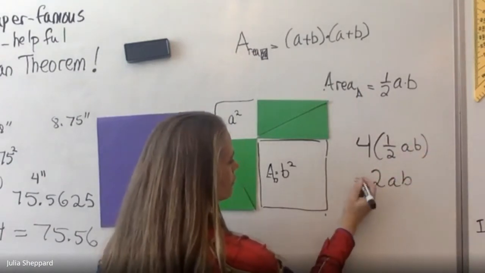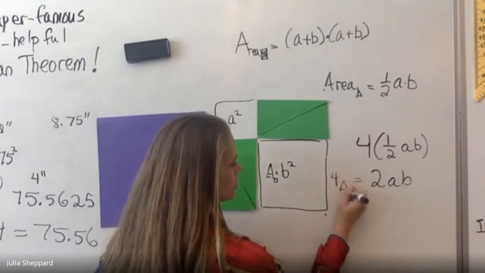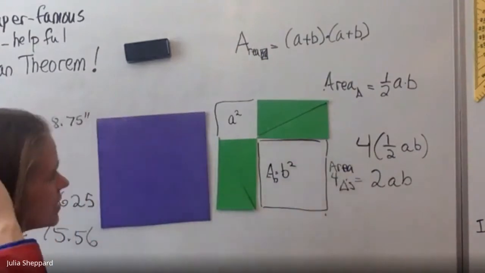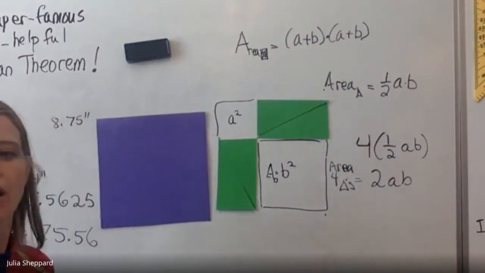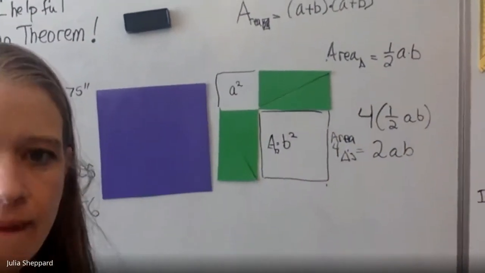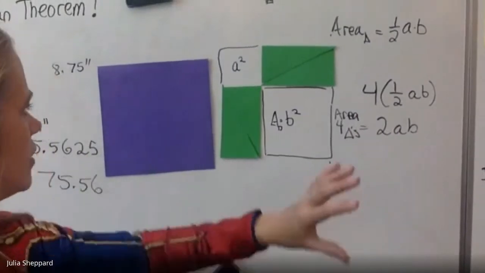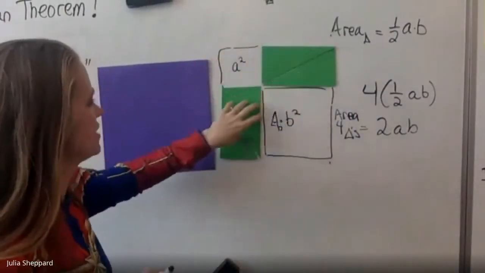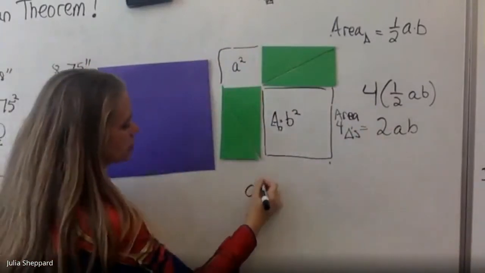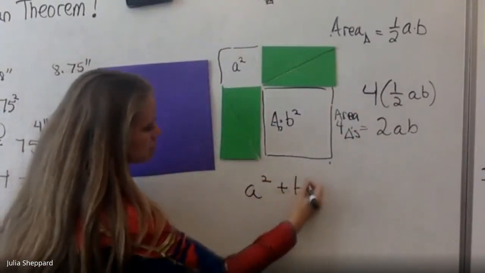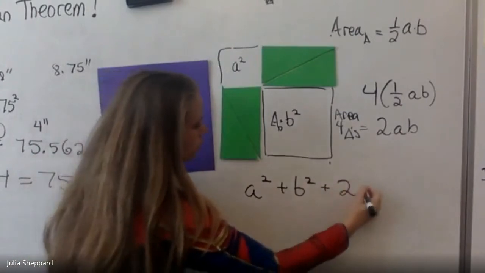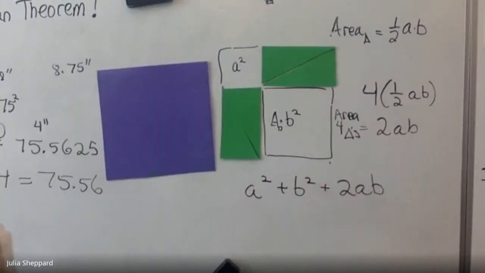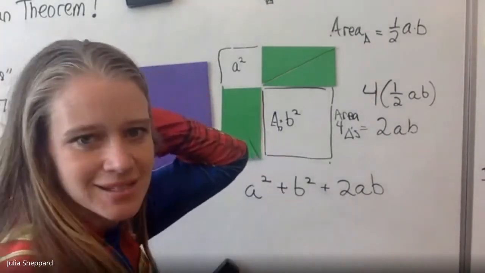That's the area of the 4 triangles. So I could say the area of this shape is all 4 of these added together. So I get A squared plus B squared plus 2AB. All right, so we got that.